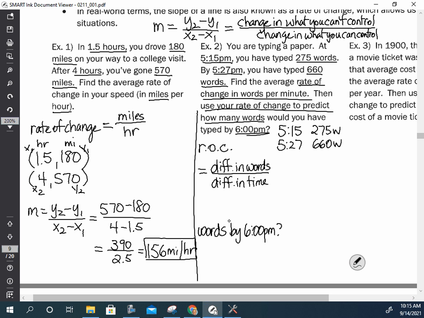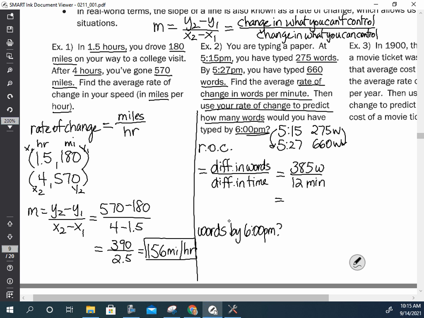The time aspect is easy to figure out. To go from 5:15 to 5:27, that's 12 minutes. From 275 to 660 words, you're subtracting the two numbers, so it's just like finding the slope. 660 minus 275 is 385 words.